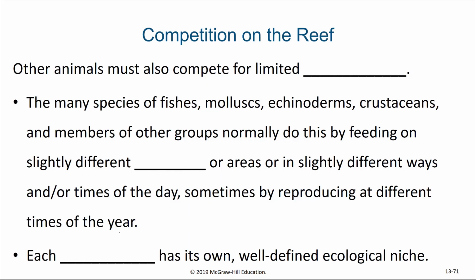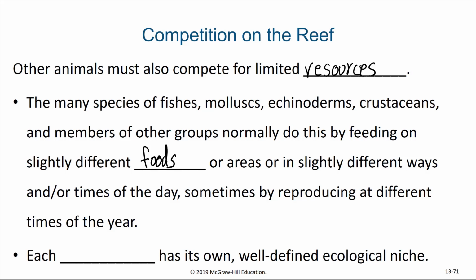In a coral reef, other animals must also compete for limited resources. Many species of fish, mollusks, echinoderms, crustaceans, and members of other groups normally do this by feeding on slightly different foods, or feeding in slightly different areas, or feeding in slightly different ways or different times of the day.